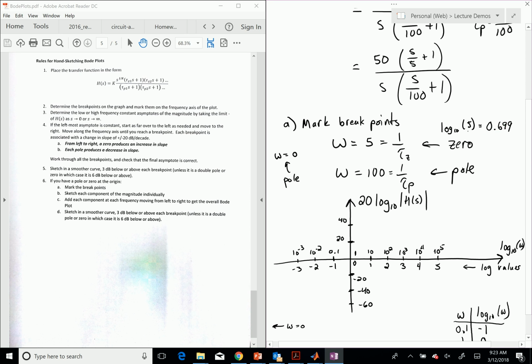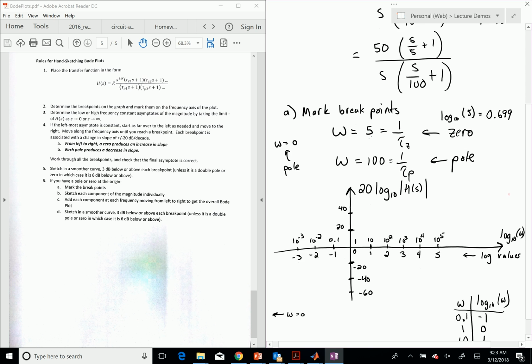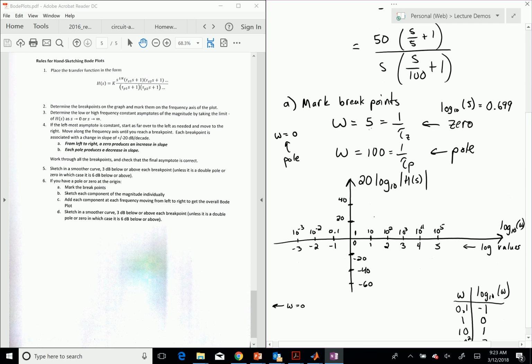So on the log scale, 5 radians per second sits somewhere between 0 and 1, at about 0.7, which puts it right about here. This is one of my breakpoints. Omega equal to 100, if I take the log of 100, that's 2, so that's a breakpoint here. So what I've done is put x's at the 2 breakpoints.